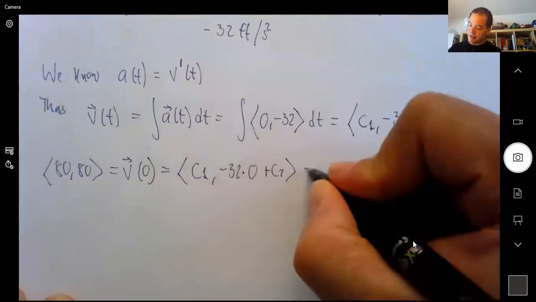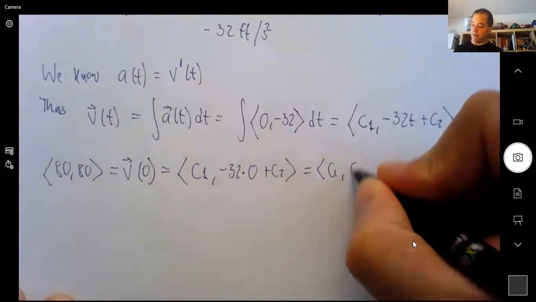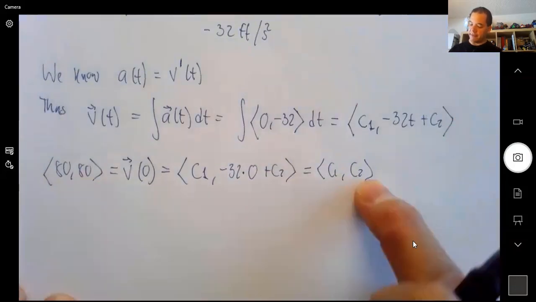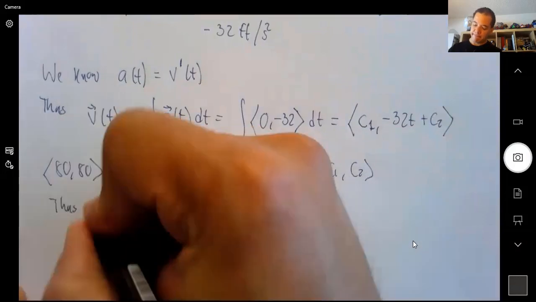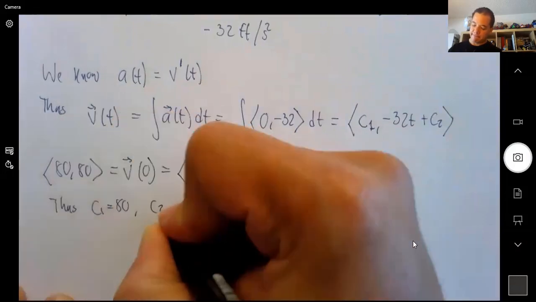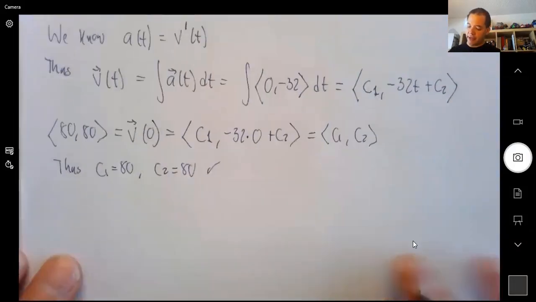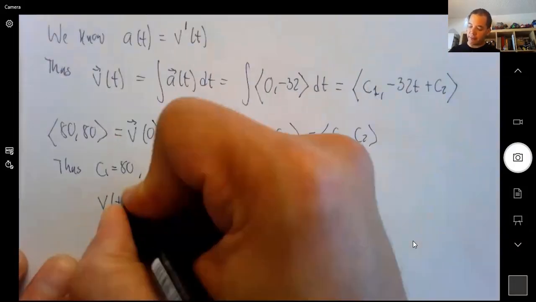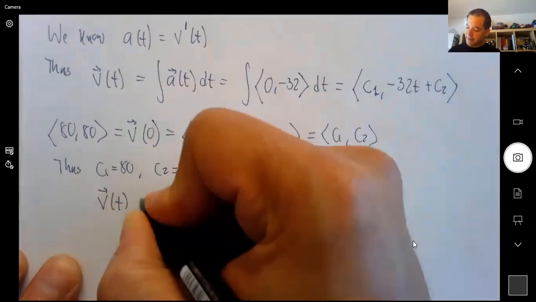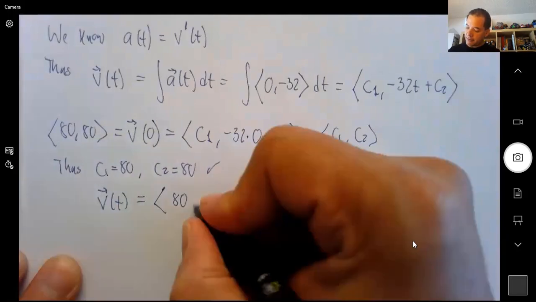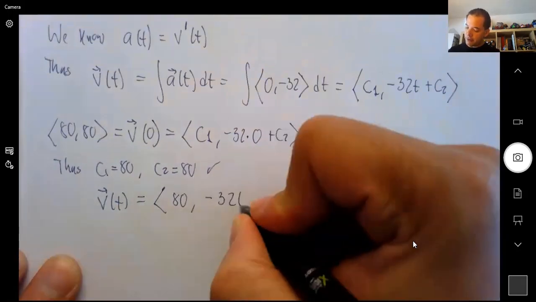So this will be c1 comma c2. So if this vector is 80, 80, that means c1 is 80 and c2 is 80. Fantastic. So we're already halfway there, right? We already know the velocity. The velocity is 80, minus 32t plus 80.